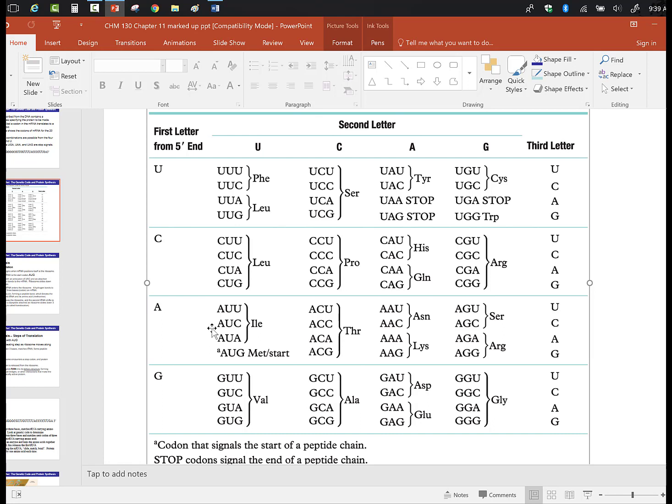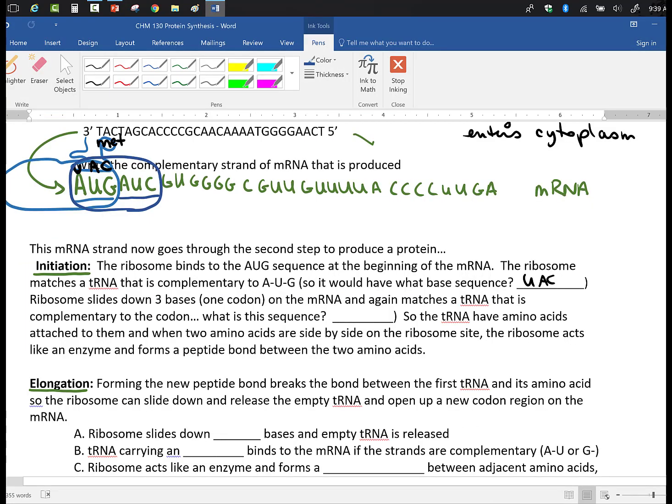There's 20 different amino acids. Each one has its little 3-letter abbreviation. So that's going to be the one that sits down in the second spot. You'll have a ribosome, and the tRNA comes along carrying ILE attached to it.